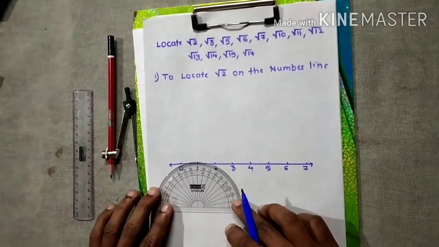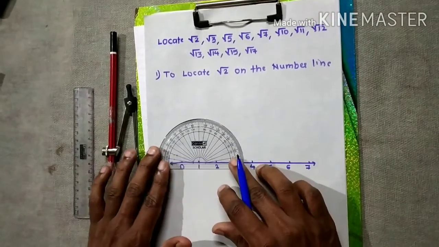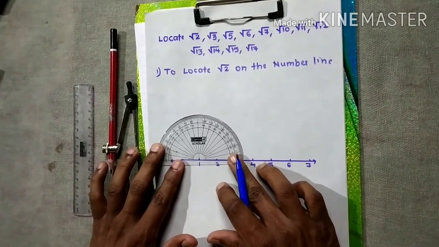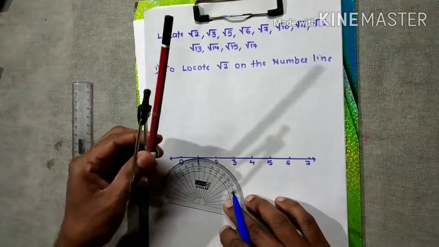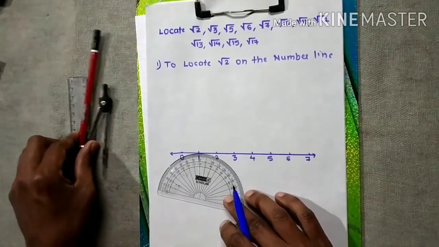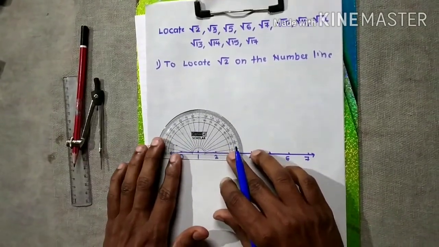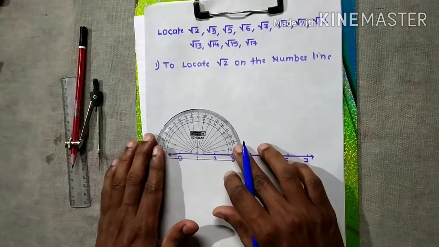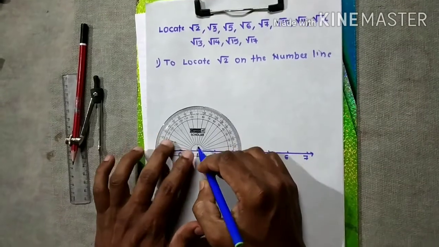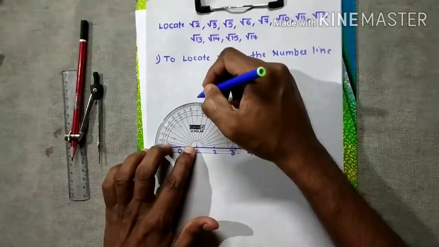Now let us draw a perpendicular here by using a protractor, or otherwise you can use the compass also to construct a perpendicular. So let us take a protractor. It is very simple to draw. At 1 you have to draw a perpendicular.